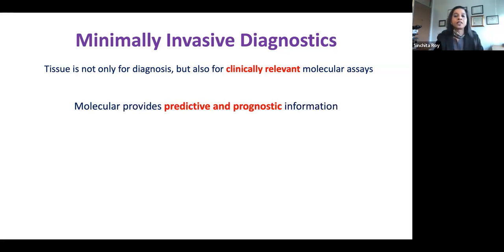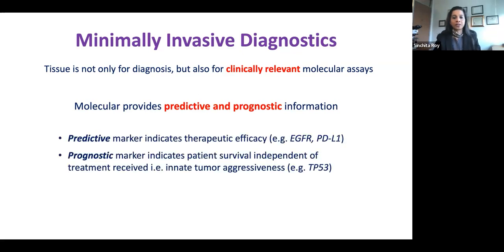As far as predictive and prognostic information, we've been doing this for several years now. And oftentimes these terms are used interchangeably, but in reality, when you say predictive marker, you're trying to describe a biomarker that indicates therapeutic efficacy. So for example, EGFR, PD-L1, where the results of that biomarker study will decide how that patient is going to be treated.